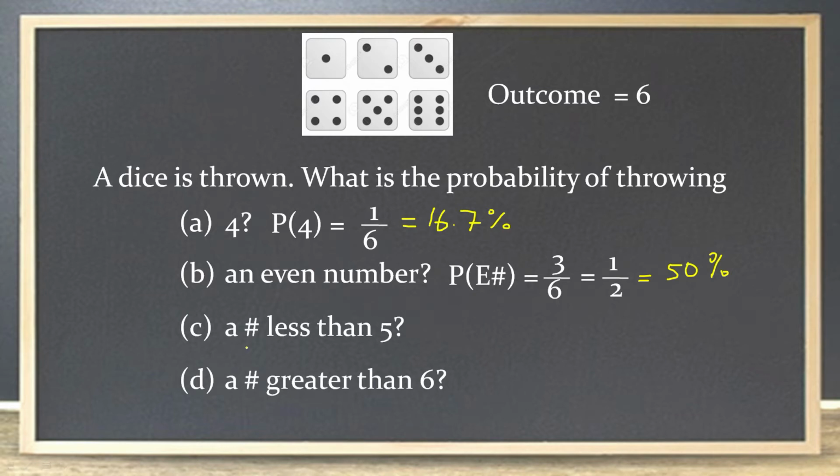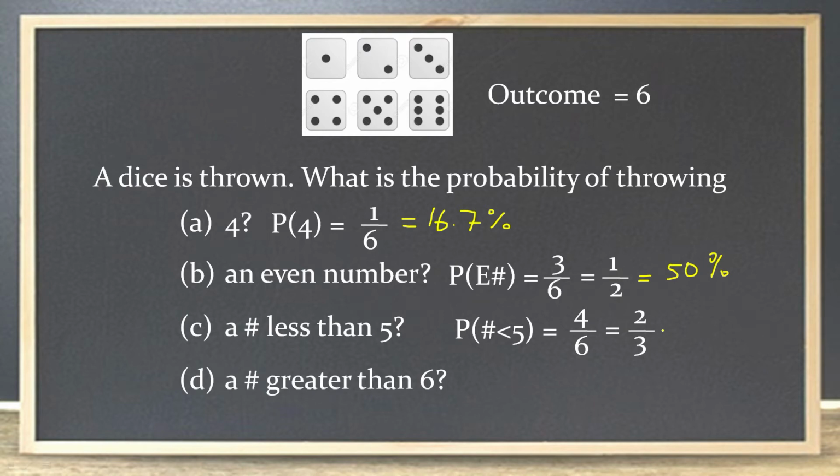So we have a 50% chance of obtaining an even number when a single die is thrown. Okay, for C, a number less than 5. So numbers that are less than 5 on the die are 1, 2, 3, and 4. So these are 4 different possible ways that we can obtain a number that is less than 5. So that represents the event. So the probability of obtaining a number less than 5 would be 4 divided by 6, which is equal to 2 over 3.